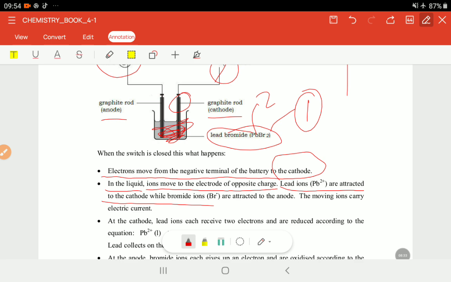Since an electron is negatively charged, in this case what we get is Br negative, and because it is negative, it will be attracted to the anode, because the anode is the electrode that is connected to the positive terminal, okay?